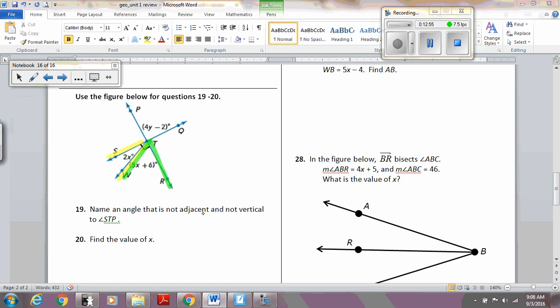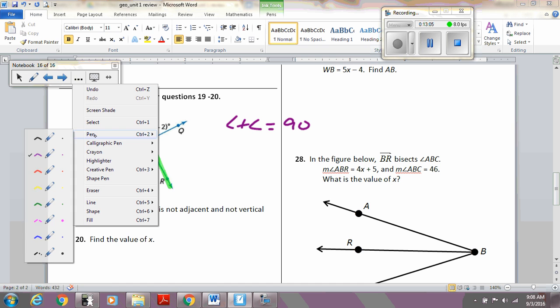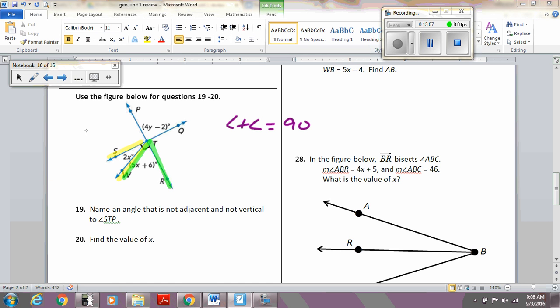So we're gonna set up the format where it's angle plus angle equals 90. So that means that 2x plus 5x plus 6 should equal 90 degrees.